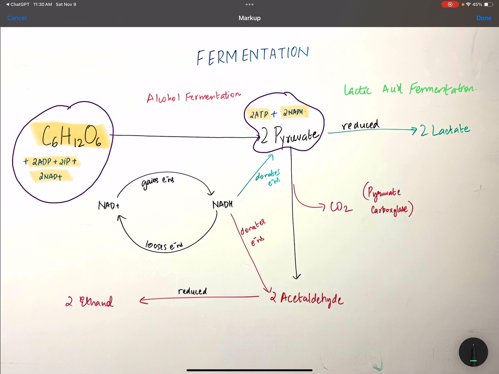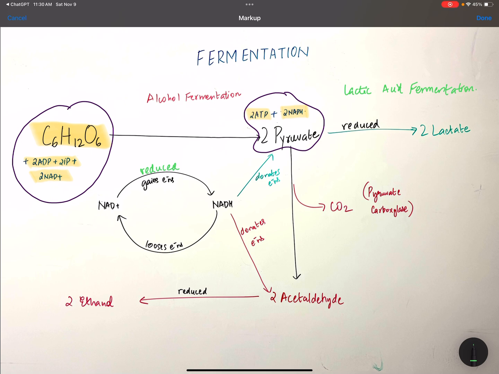We always know that when something gains electrons, it gets reduced. So NAD plus is reduced to NADH. Now from here, let's see how alcohol fermentation happens.